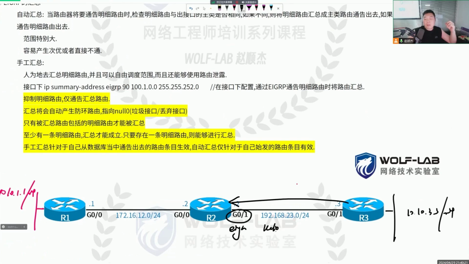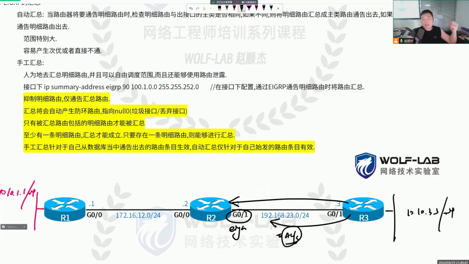We set 6,535 for the purpose of preventing between R2 and R3 due to filtering out EIGRP packets, including EIGRP's Hello. Also filtered out. After filtering out this packet, because R3's Hello packet is not received for a long time, the EIGRP neighbor relationship is directly disconnected.